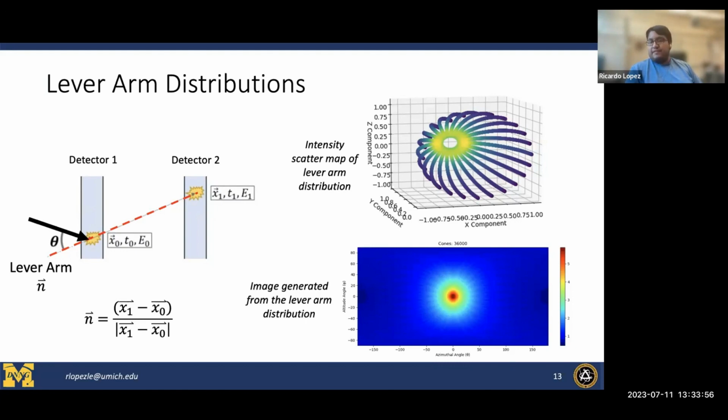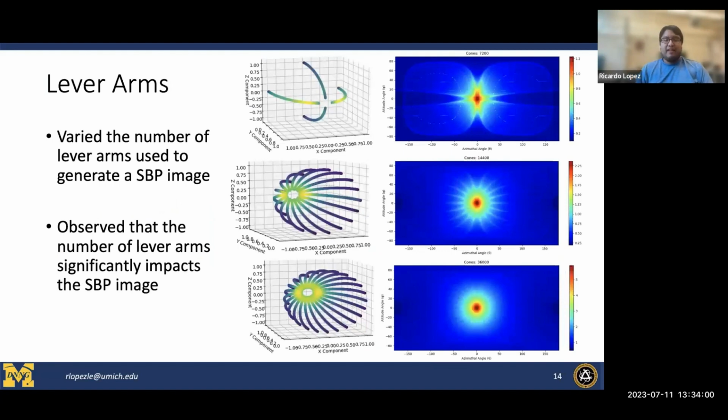Now, in and of itself, that doesn't tell us much until we start doing some comparisons. By changing the number of lever arms, which ultimately corresponds to changing or limiting the allowable scattering angles with your system, you very clearly impact the resulting image. If we go back to the very bottom here, that's the standard, well-symmetric, well-defined image.